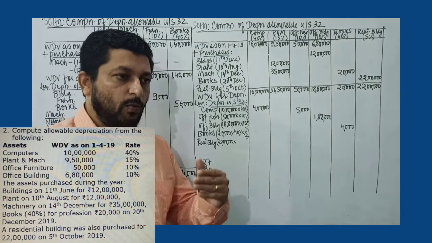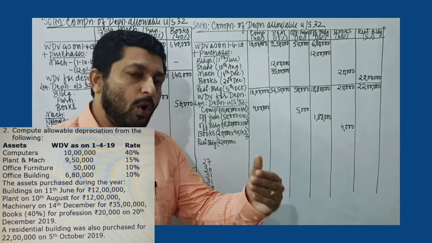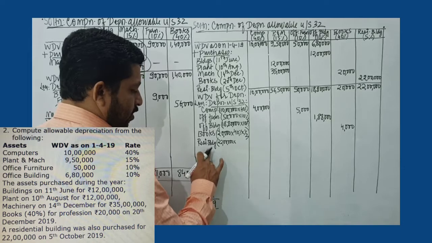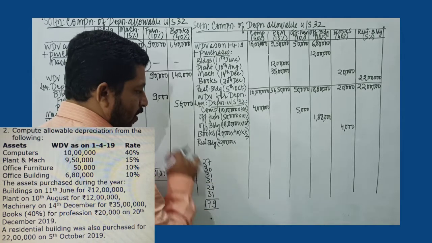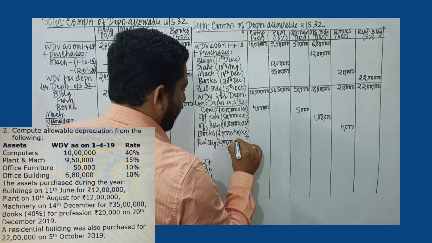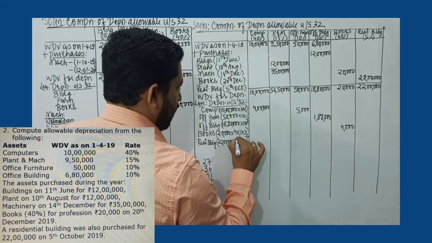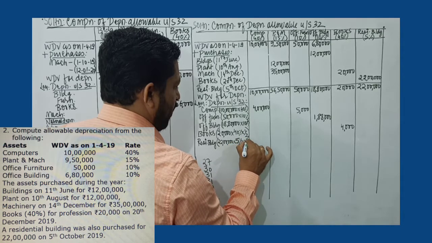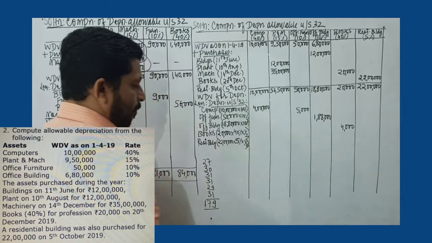The rule is very clear, 180 days or more full year's depreciation. Now since this residential building is purchased for less than 180 days, so half year's depreciation will be calculated. The rate of depreciation on that block is 5% and half year's depreciation will become applicable.